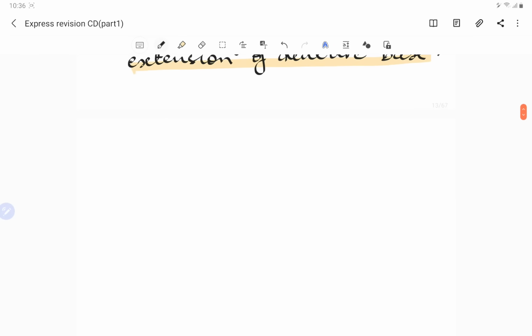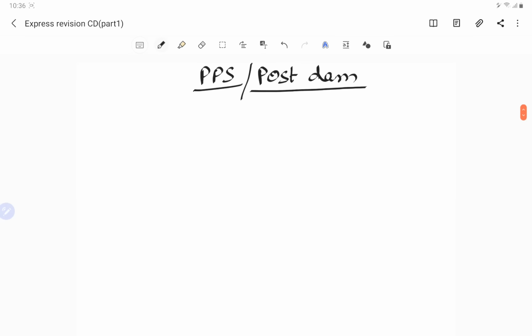Now what are the functions of posterior palatal seal area, or we can say post dam? What is the significance? What is the function? So very important function is to aid in the retention. All the options will be given, but if retention is given, you have to mark retention of the denture.